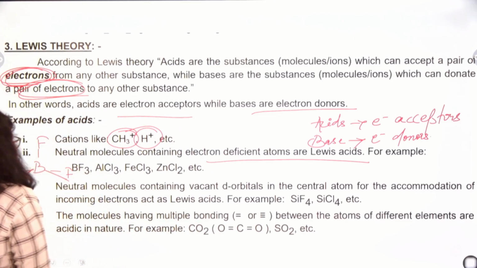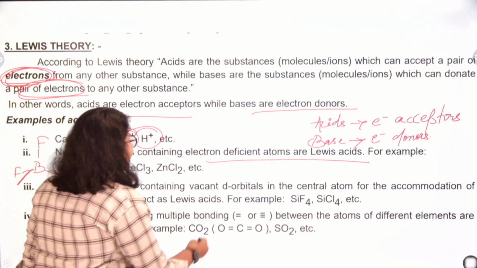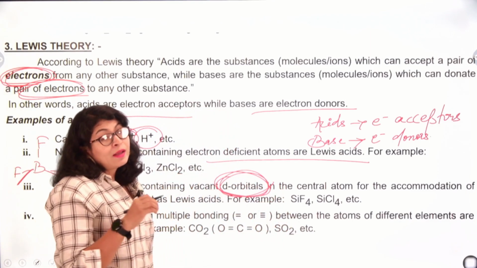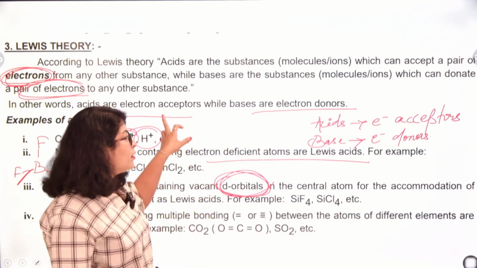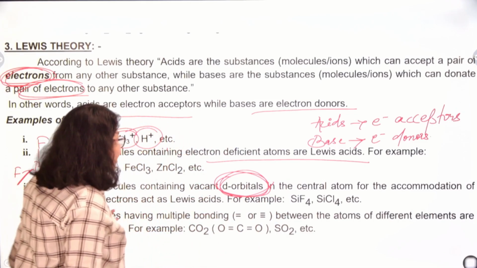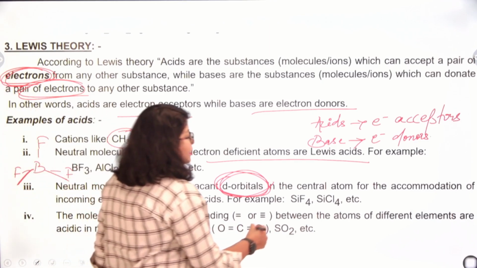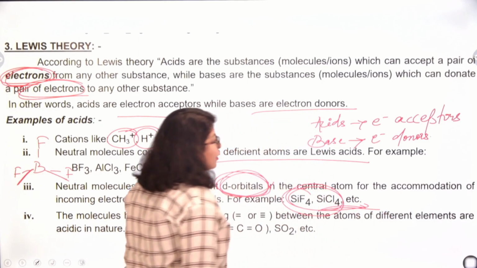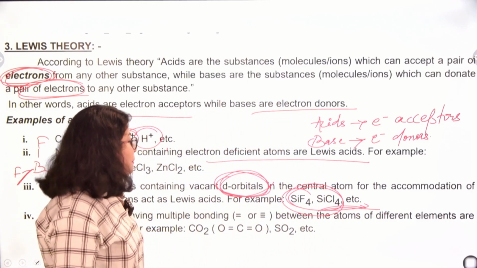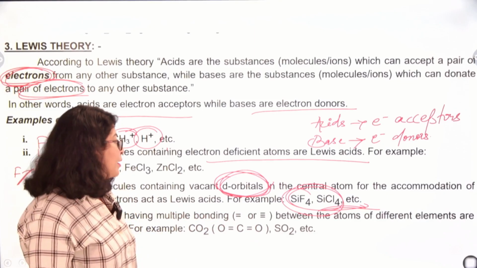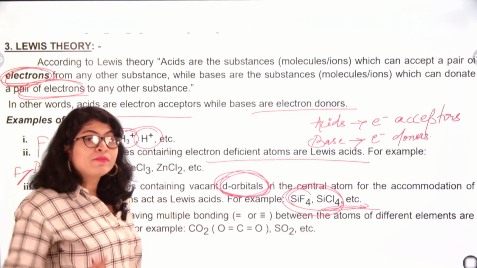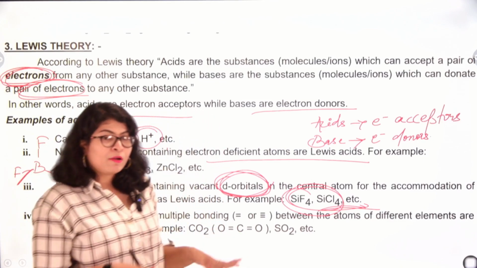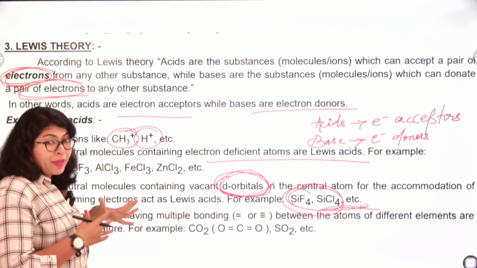Then again, neutral molecules containing vacant d orbitals, which can accommodate another pair of electrons, also fall under the category of acids, like SiF4 and SiCl4. Not exactly d block elements, but those having vacant d orbitals have the tendency to accommodate the extra pair of electrons.